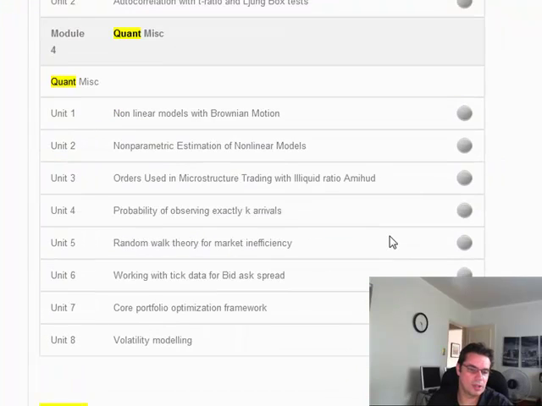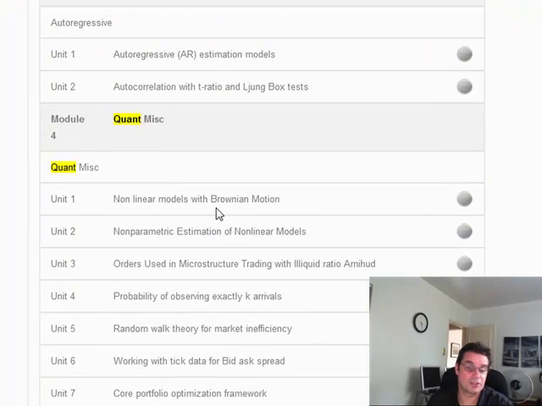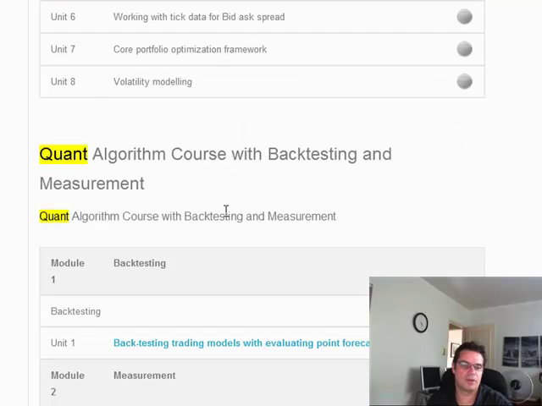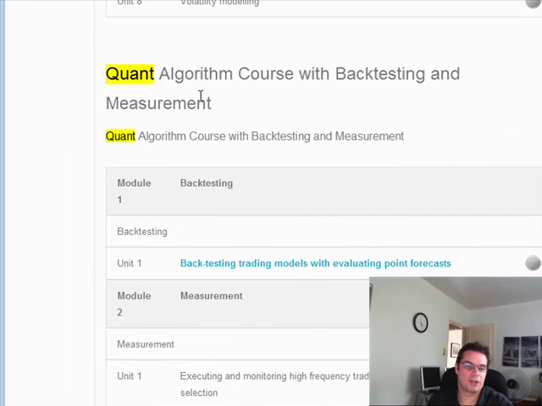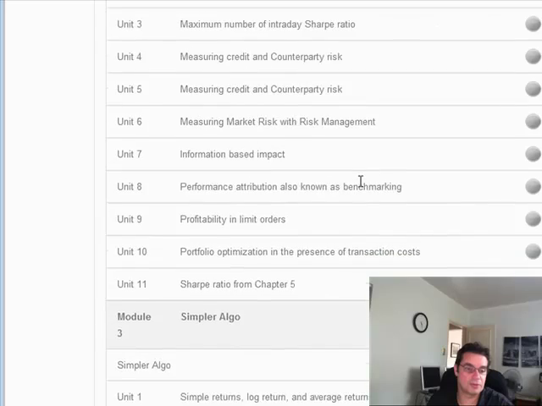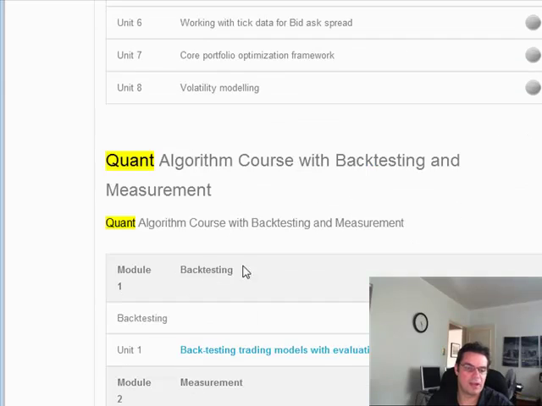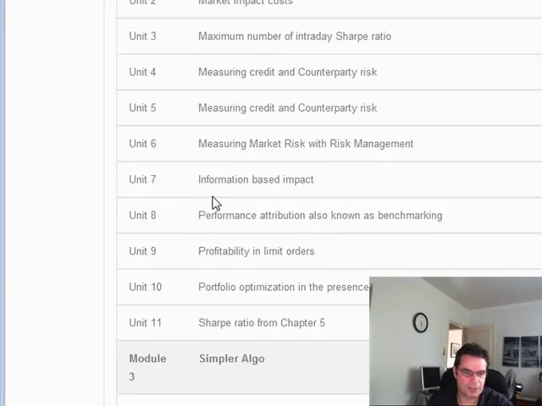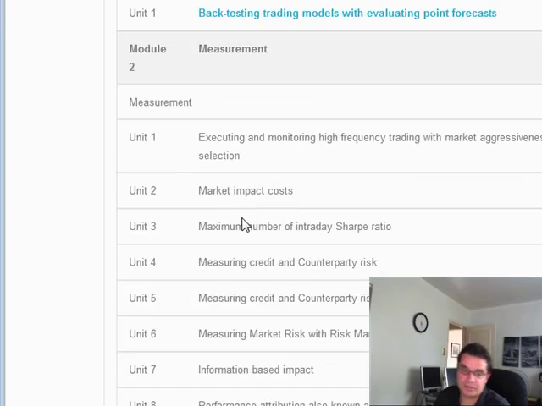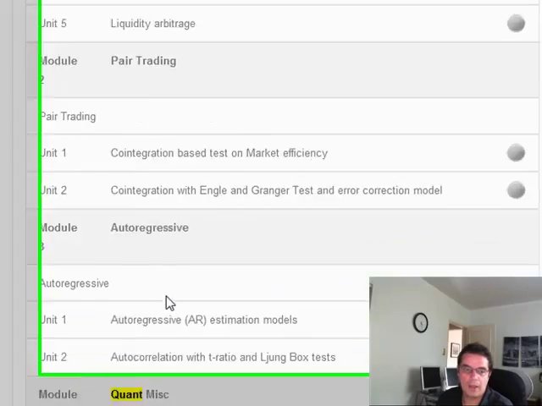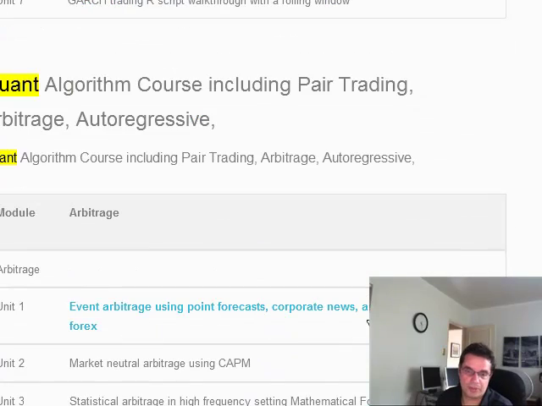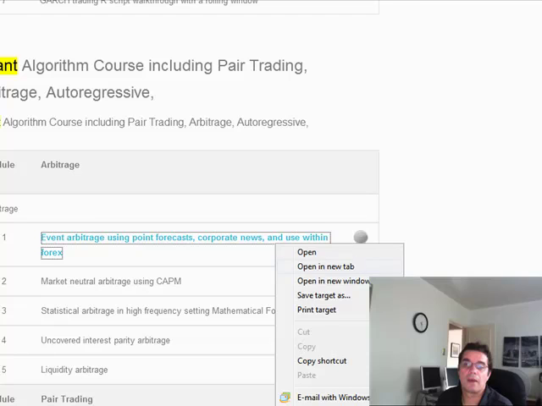I'm also including various other miscellaneous quantitative equations and whatnot. The second course has three modules, divided up into backtesting, measurement, and simpler algos from a higher level. So let me show you what each course would typically represent.